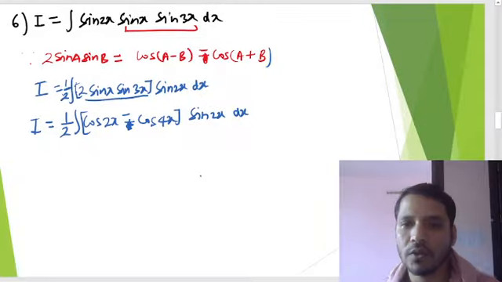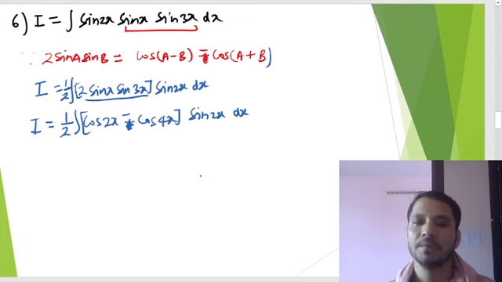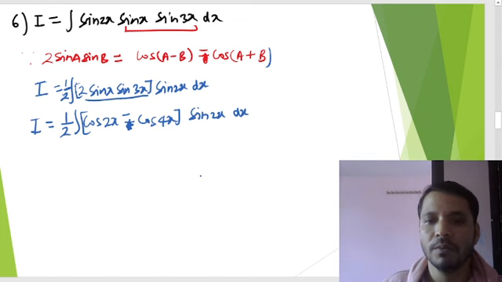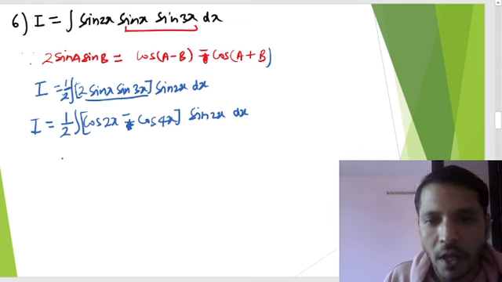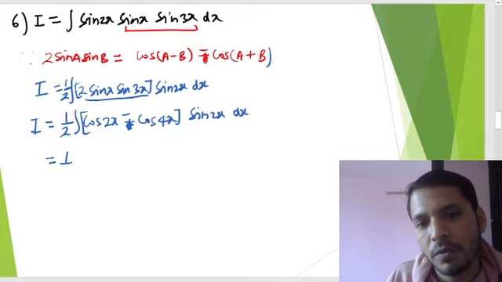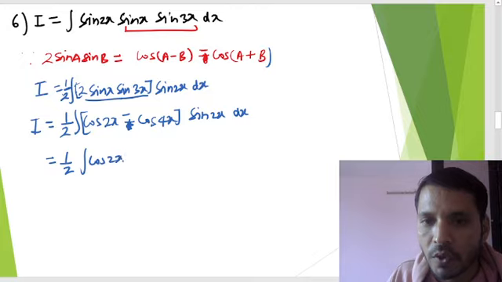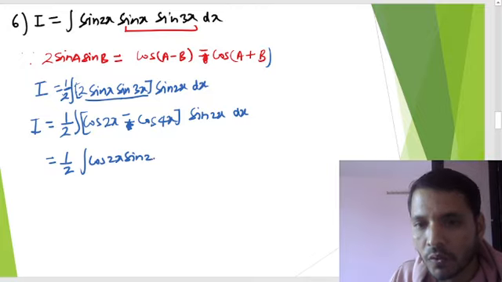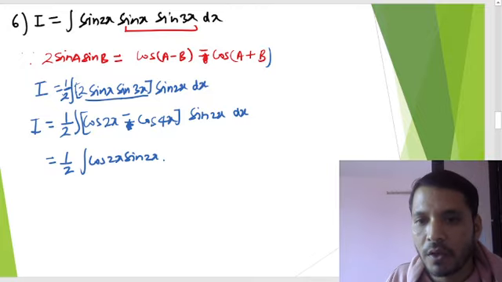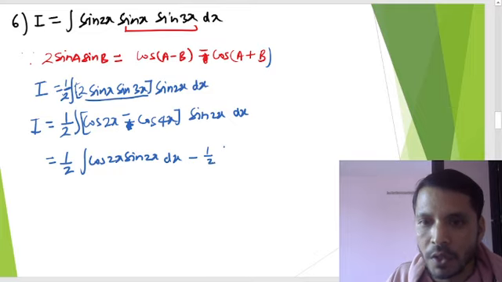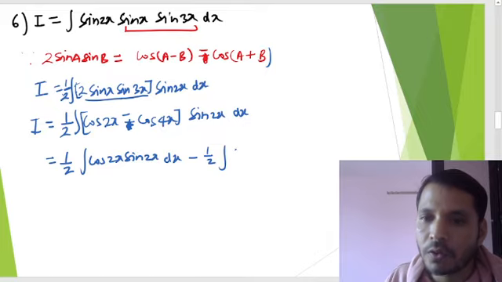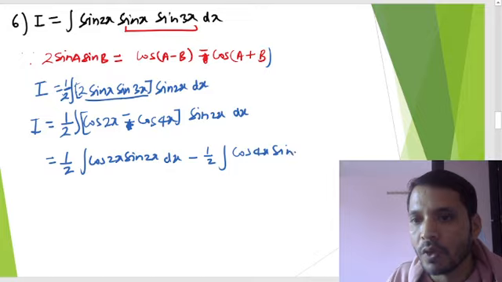both become now cos, so we can just multiply it, means now it will become I is equal to 1 by 2 as it is, integral cos 2x into sin 2x into dx, and then minus 1 by 2 integral cos 4x into sin 2x into dx.